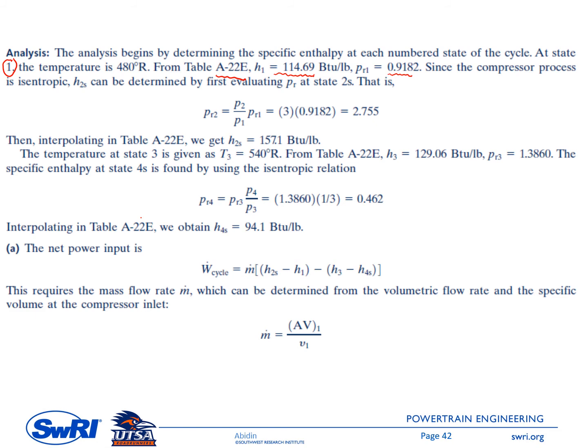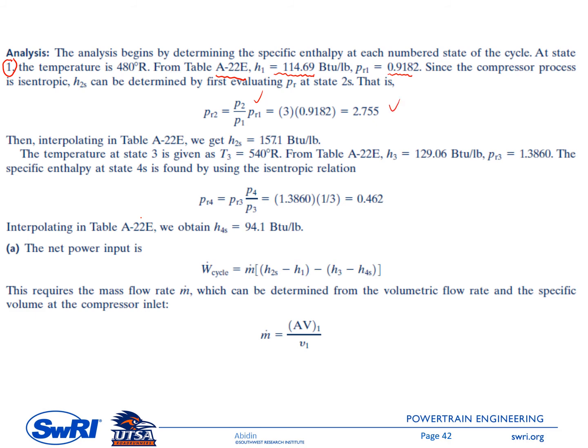You also need PR1 here to help us determine the properties at state 2. PR1 is 0.9182. Since the compressor process is isentropic, we can use the pressure ratio and PR ratio correlation to get PR2.